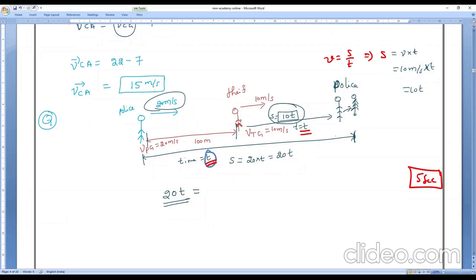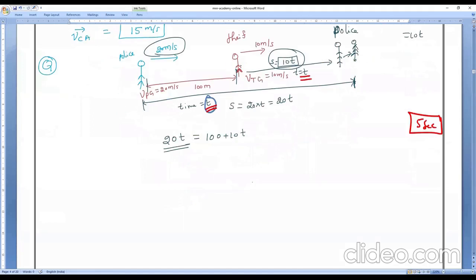Is it right or wrong? So that equals 100 plus 10T. Now 10T will come to this side. So 20T minus 10T equals 100.